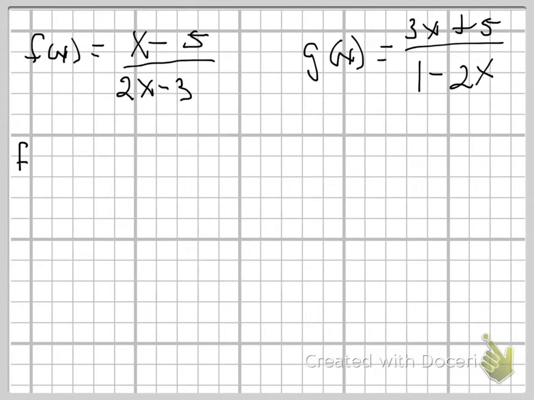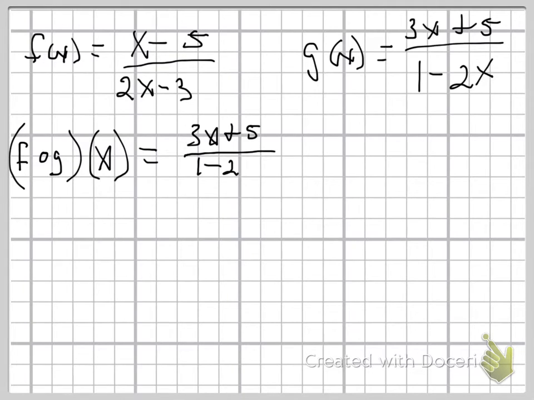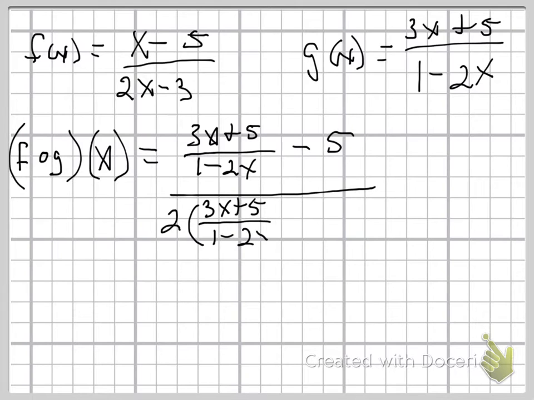Well, let's take a look at f of g of x. So what I'm going to do is wherever I see an x in f, I'm going to put what g equals. So I'm going to have 3x plus 5 over 1 minus 2x minus 5 over 2 times 3x plus 5 over 1 minus 2x minus 3.